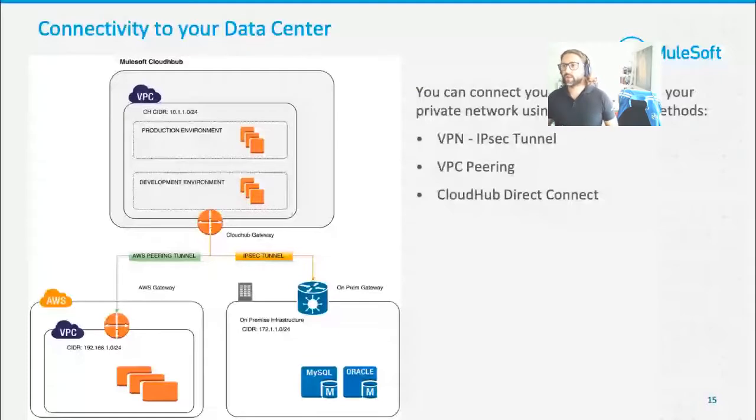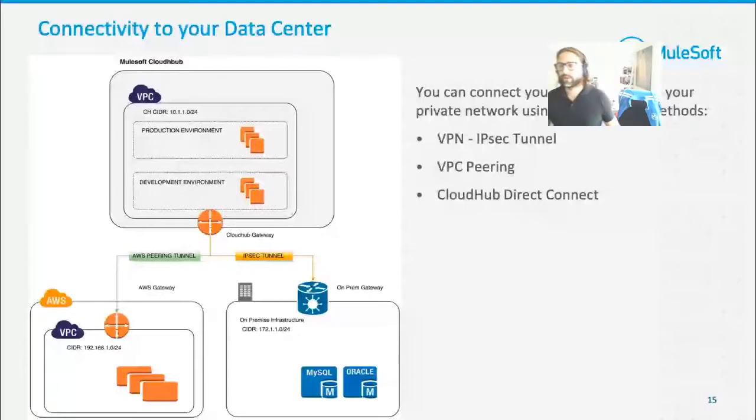To secure the access to your data center, you can use any of the supported connectivity methods for CloudHub, which are VPN connections using IPsec tunnels, or if you have an AWS subscription for your data center, you can create a VPC peering between your Mule VPC and your AWS VPC, or if you even have a direct connection available in your AWS, we can also connect to that. But for any of these types of connections, we need to create a VPC first. You can't create any of these types of connections without a VPC.